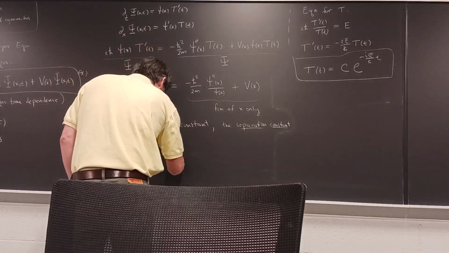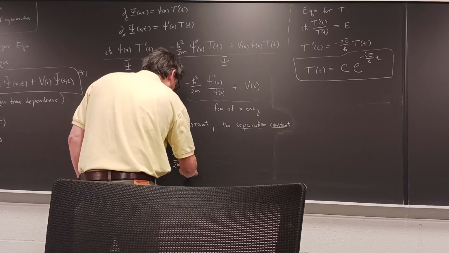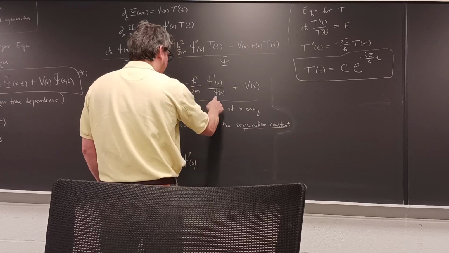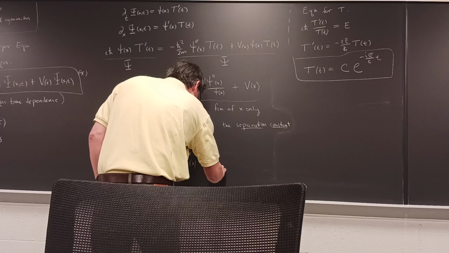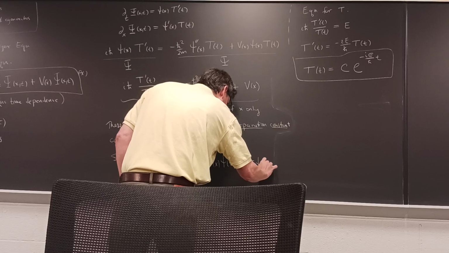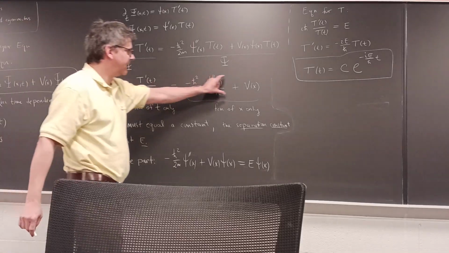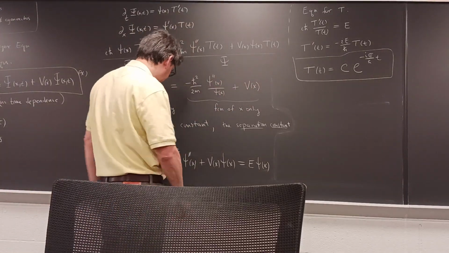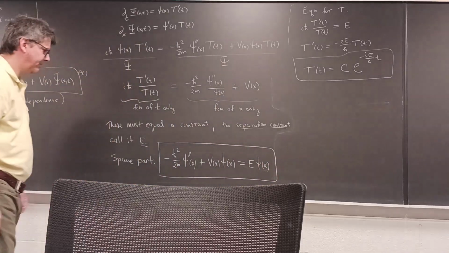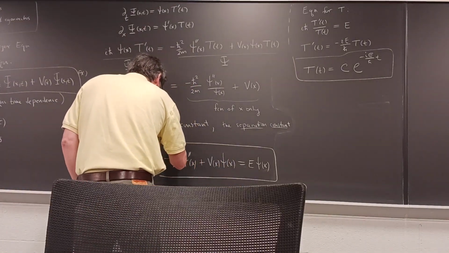That says minus h bar squared over 2m psi double prime of x, I'm going to multiply through by psi, plus v of x psi of x is equal to E psi of x. So we just set this equal to E, and then multiply through by psi, and you get this equation. Now this only depends on x. This is called the time-independent Schrödinger equation.